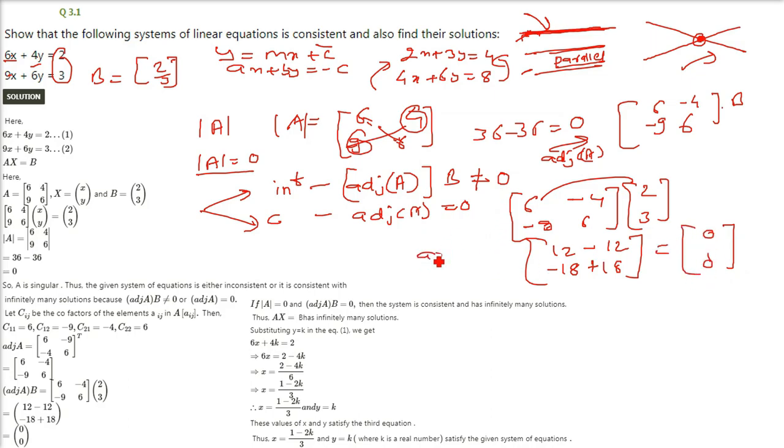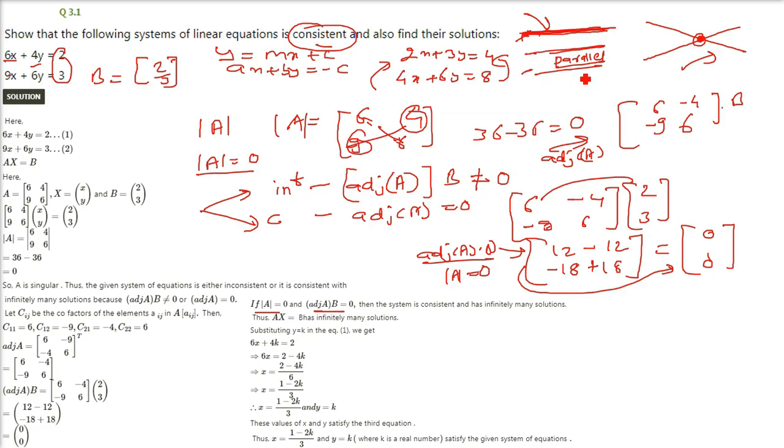When it is 0, that means this system of equations will have infinitely many solutions. Please remember once again: if the determinant of A is 0, which is the case, and adjoint A into B is equal to 0, which is also the case, the system is consistent and has infinitely many solutions.